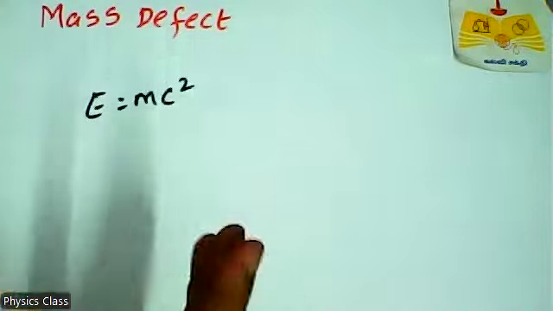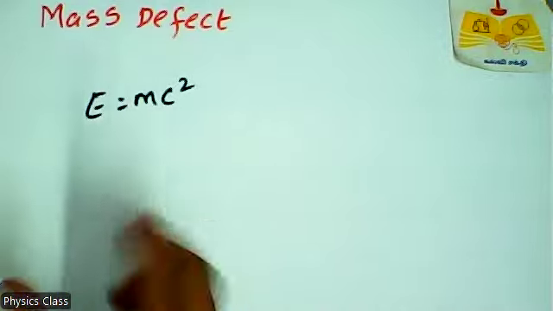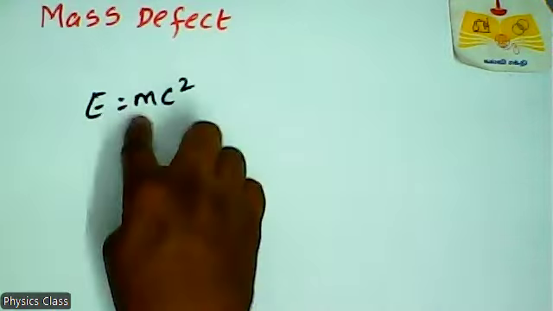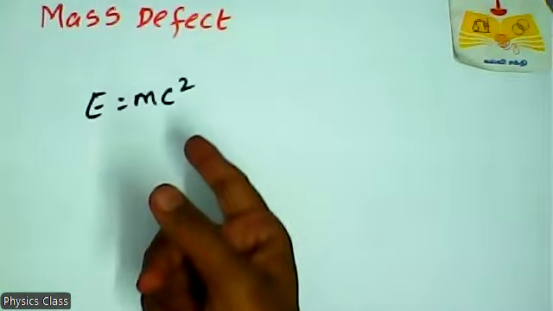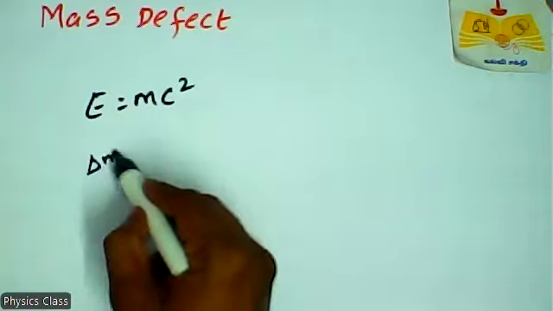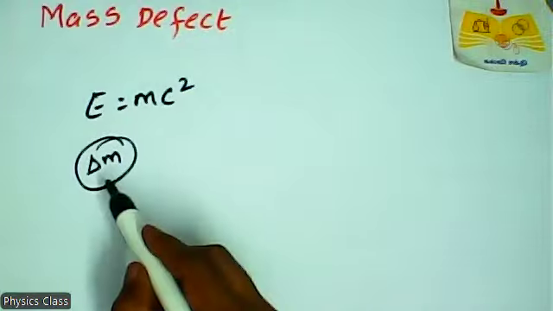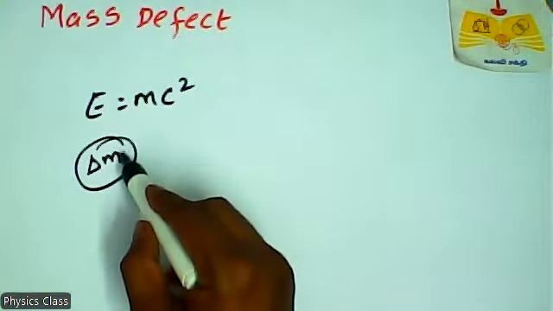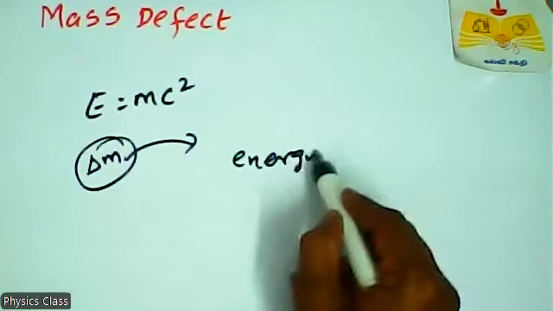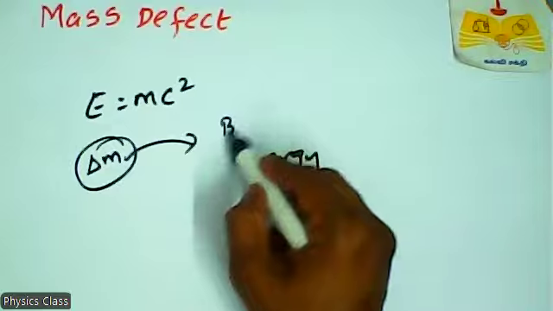This is the simple concept behind this equation: the energy depends on the mass and the speed of light. So according to Einstein, the mass defect is converted into energy, and that energy is called binding energy.